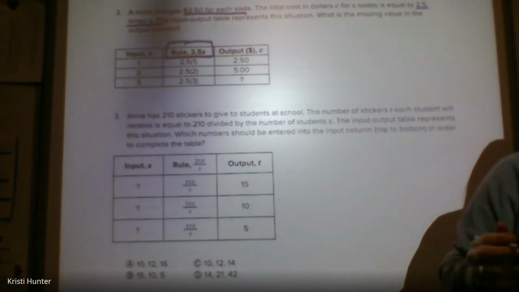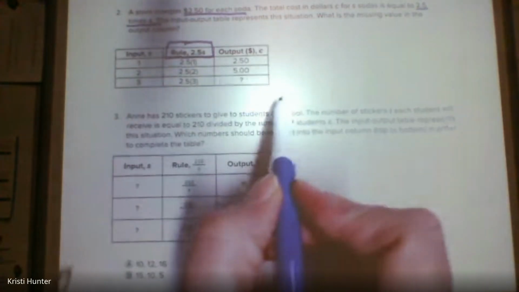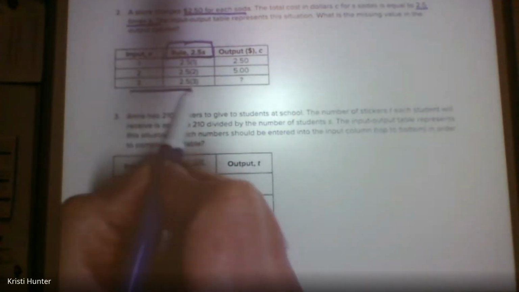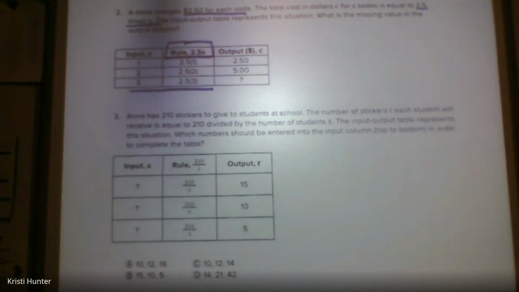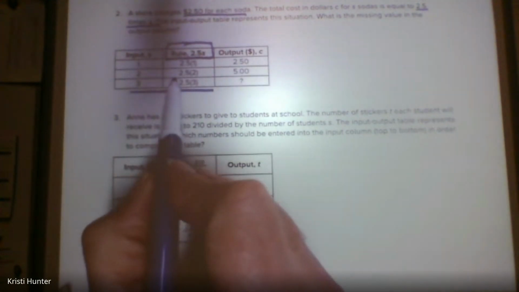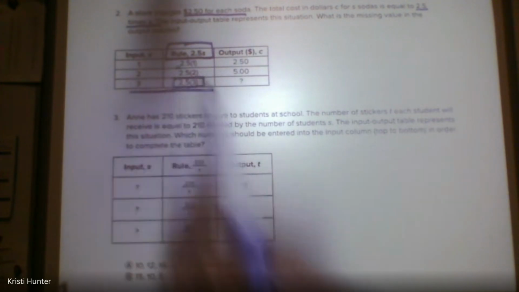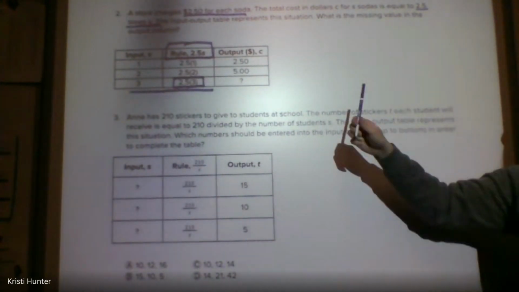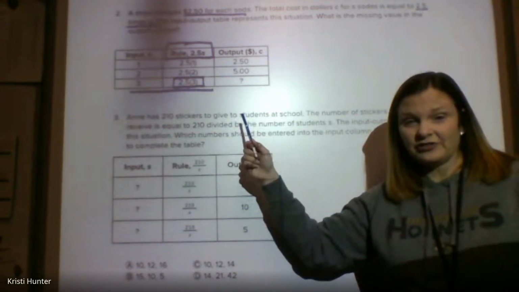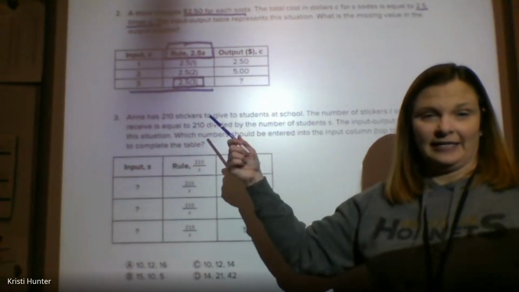So this has everything filled in except this last box. So all it wants us to tell is what is the missing value in the output column. So all I have to do is substitute in and actually work out this equation that they already have written. You remember will have your calculators. So you can just type that into your calculator.